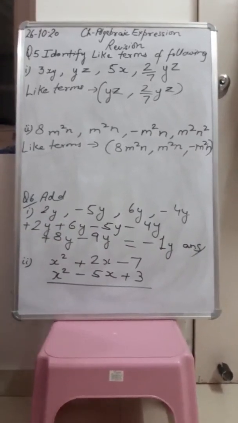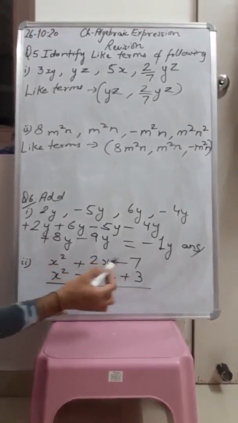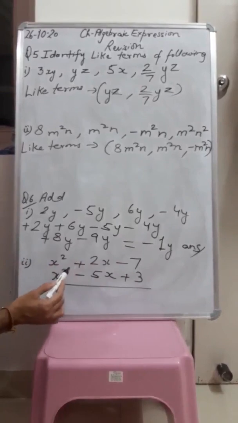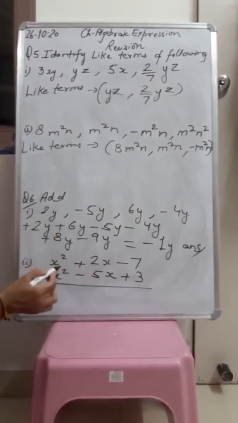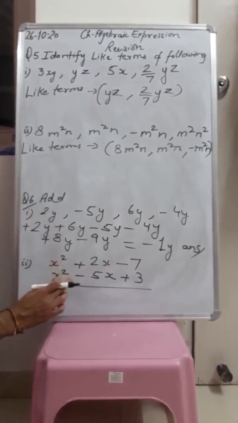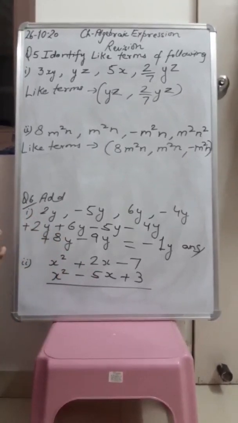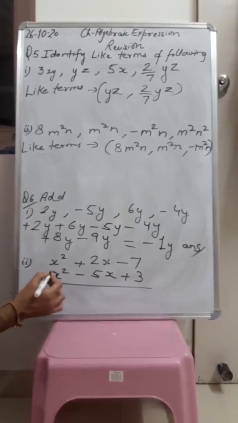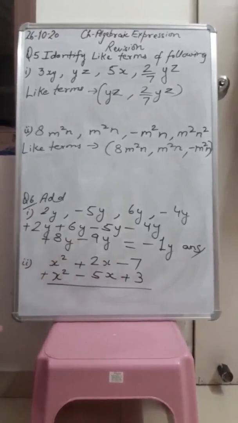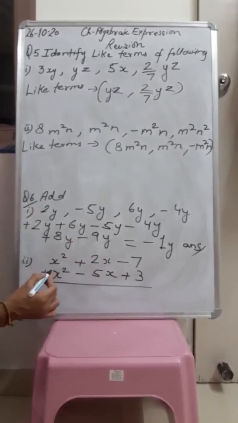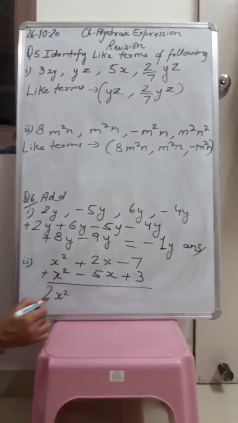The second: the first expression is x square plus 2x minus 7. The second expression is x square minus 5x plus 3. And we have to add these. In addition, whenever we add the terms, there is no effect on the sign. This remains plus only, this remains minus only, and this remains plus 3 only. So x square plus x square gives you 2x square.